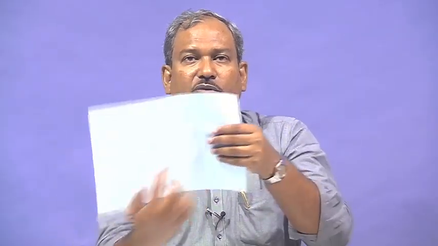So, it is as if these two papers are kept very close to each other, such that the gap between the two is small as compared to the width of it or the length of it.